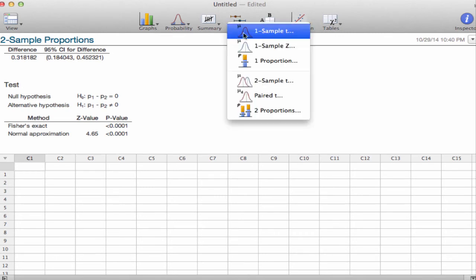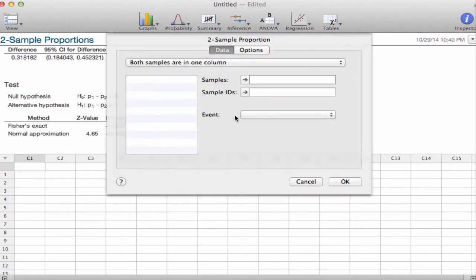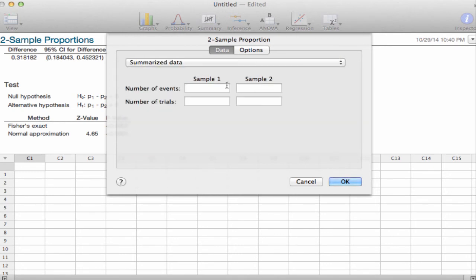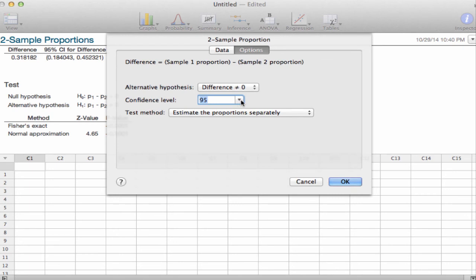So we go to inference, two proportions, and summarize data, and I guess we have to put it back in here. So that would be 70 out of 88, and then 42 out of 88, and then options. So here now, with the alternate, you can choose what you want.